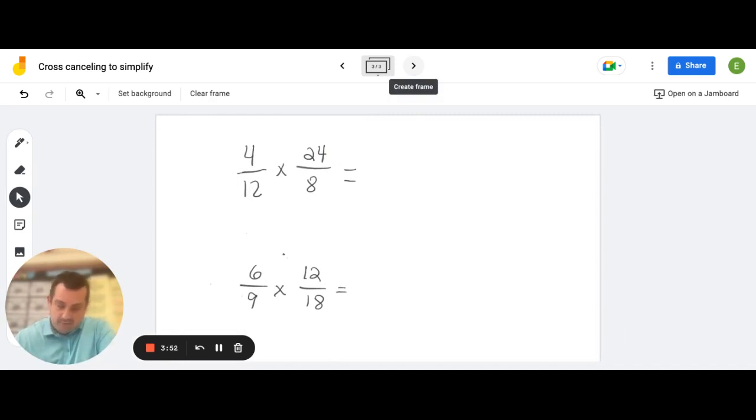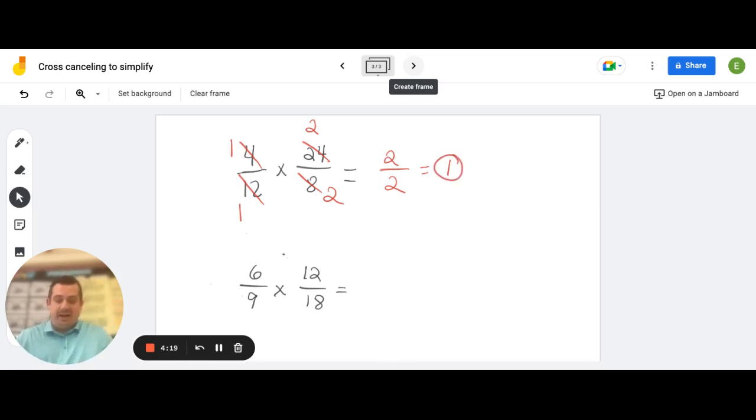Here, 4 and 8. Well, I know we can cross-cancel there. 4 divided by 4 is 1, and 8 divided by 4 is 2. 12 and 24: 12 divided by 12 is 1, and 24 divided by 12 is 2. We go across. 1 times 2 is 2, 1 times 2 is 2, and 2 over 2 is 1.